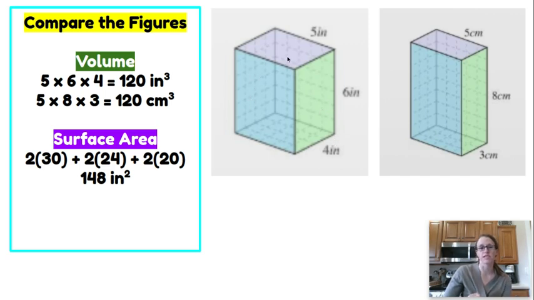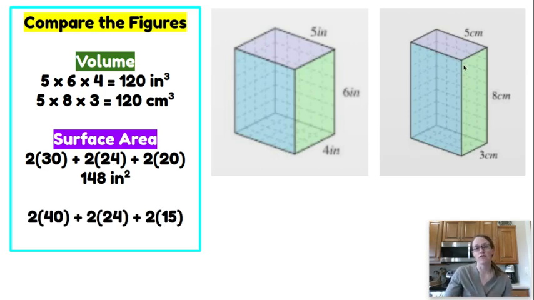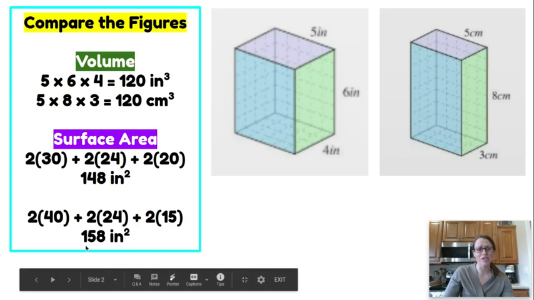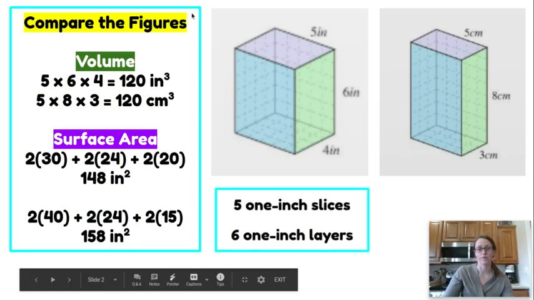And I have two faces that are 5 times 4 for 20, so top and bottom. So I have a surface area of 148 inches squared. What that means is that's how much wrapping paper I would need to fully cover that box. Now for the other figure, I'm actually going to need a little bit more. I have 158 inches squared.